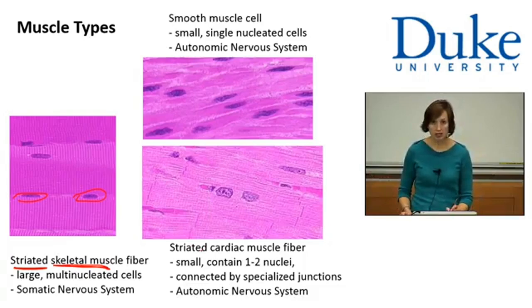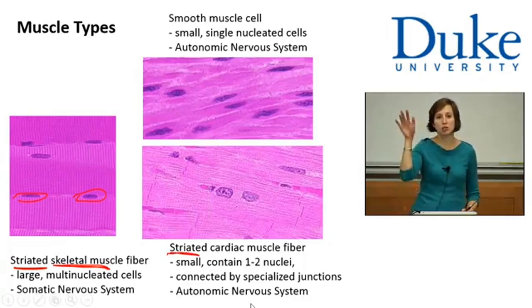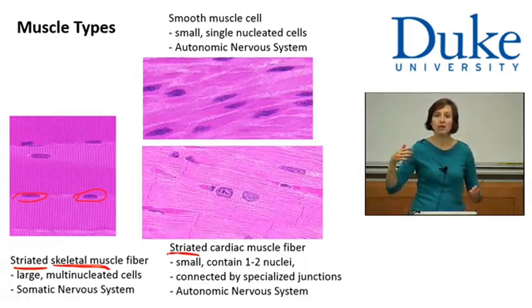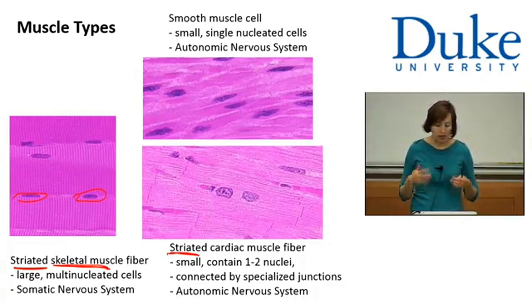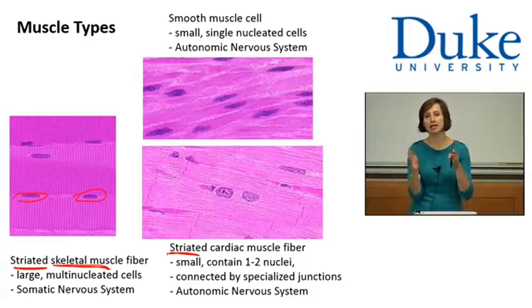Dr. Jacoy is going to tell you about cardiac muscle, which is also striated, meaning it also has those stripes that you can see in the microscope because of the alignment of the myosin and actin filaments. Cardiac muscle fibers are going to be much smaller than skeletal muscle fibers, both in diameter and length.